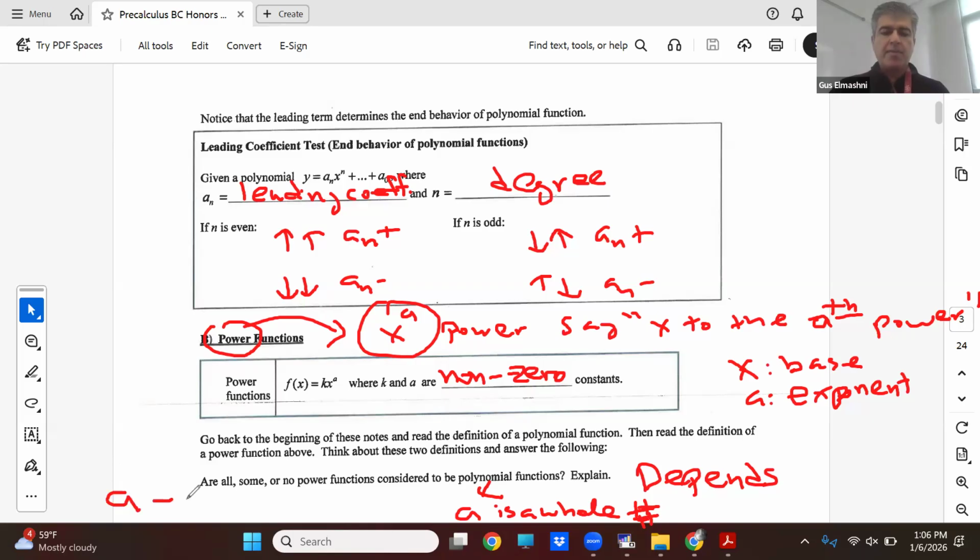But if A were negative, it'd be rational. If A is a fraction that's not simplified to a whole number, it'd be a radical.